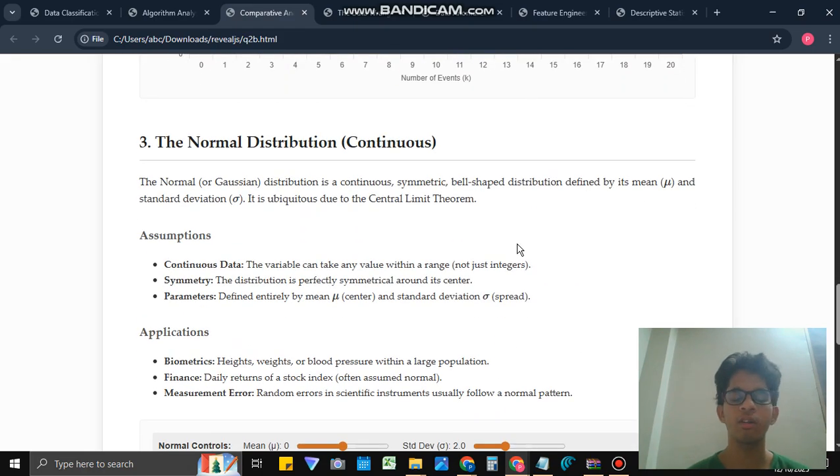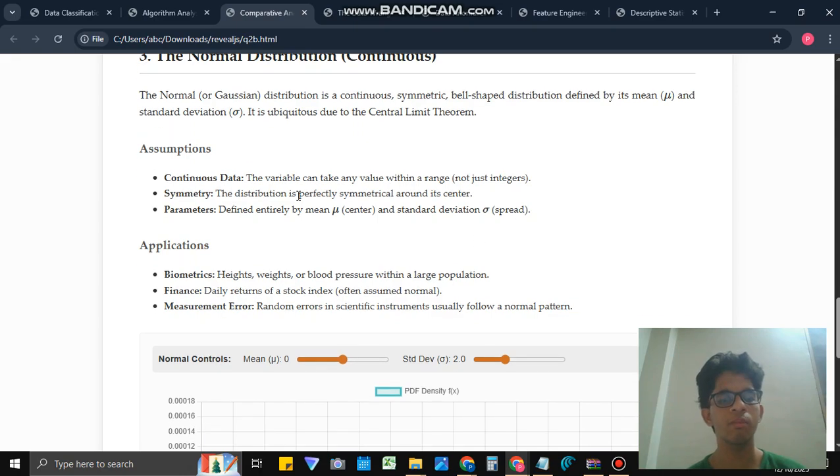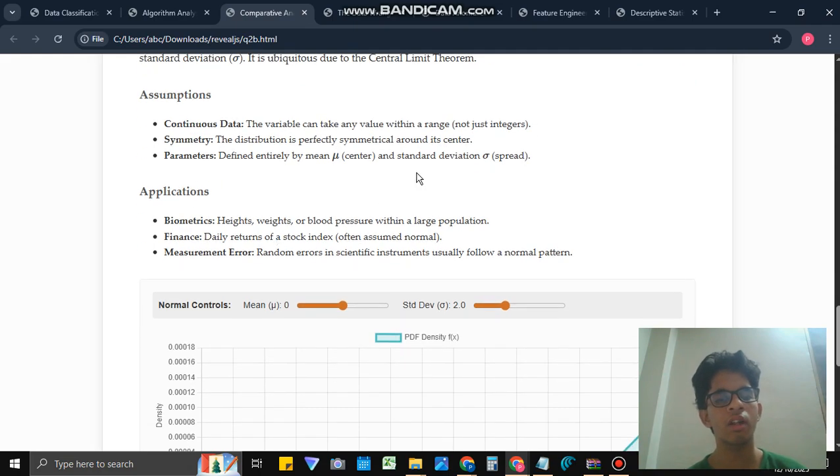The normal distribution lies under the continuous distribution category. The assumptions made are the data is continuous. The distribution is perfectly symmetrical around its center, which is found rarely. We also call this normal distribution as Gaussian distribution, and the parameters which we use are mean and standard deviation.